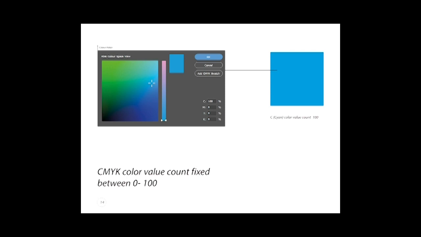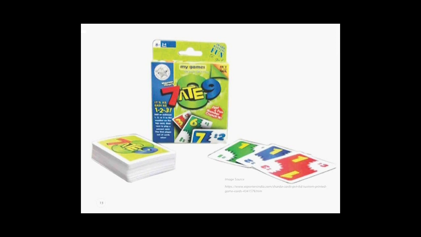Here I am selecting cyan, which has 100% color value. This playing card design was created using the CMYK color model as a digital printed form. So when we think of our design in printed form, you go with this color model.